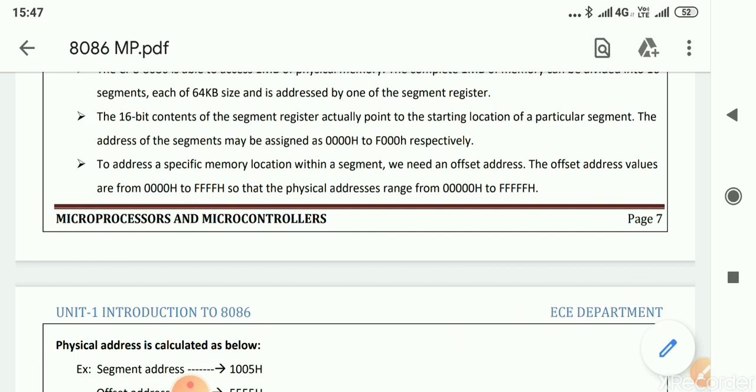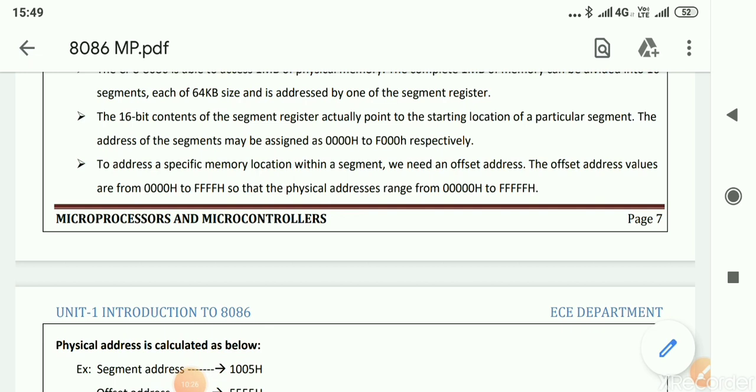Okay, but to find the effective address or physical address of the memory, you always need to add the offset address with the segment address.